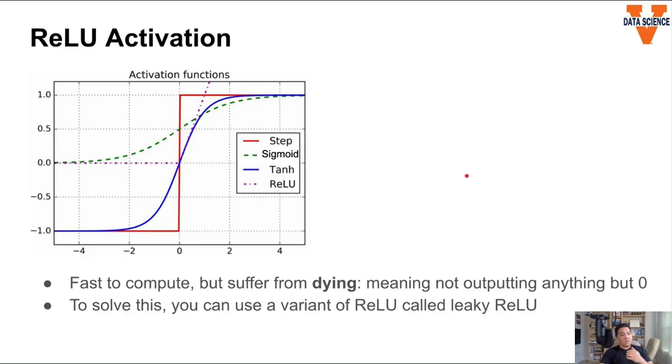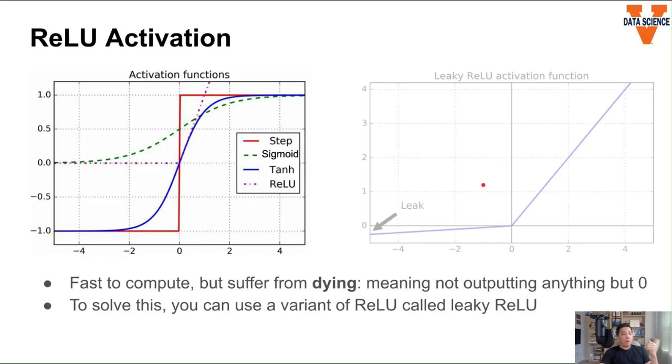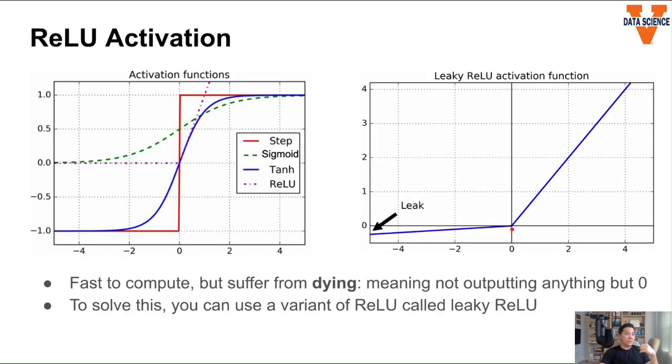So to solve this, you can use a variant of ReLU called leaky ReLU. Instead of outputting 0, leaky ReLU would output some small negative numbers for negative input, so that you have at least some signal to propagate your gradient. So it's a slight improvement over ReLU.